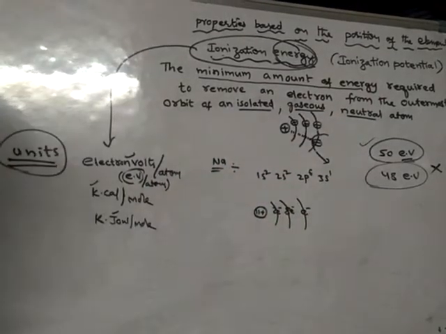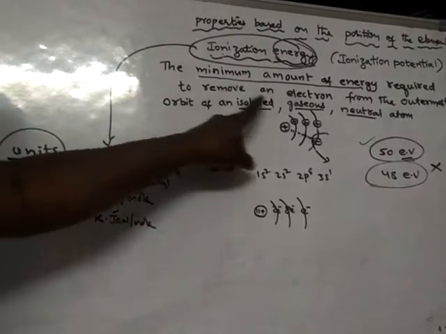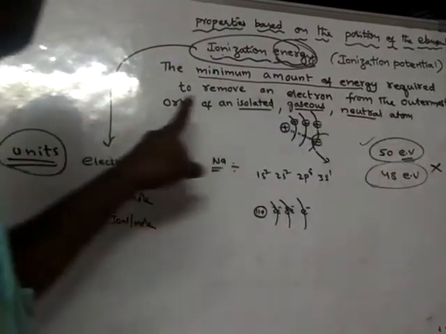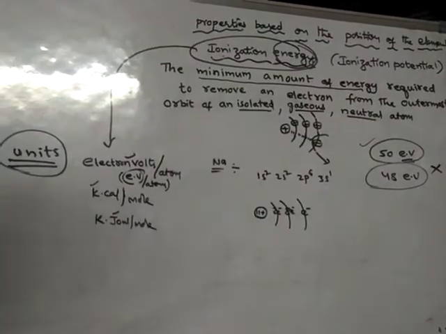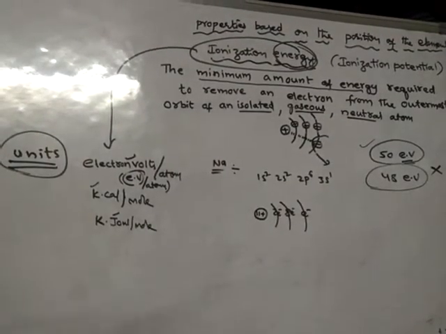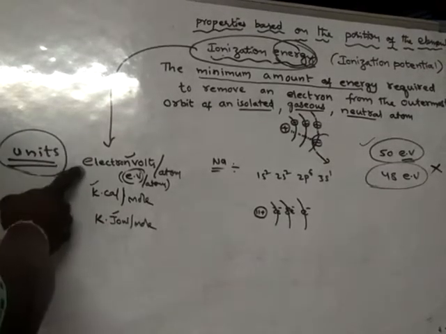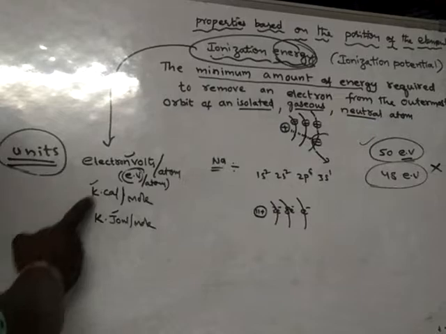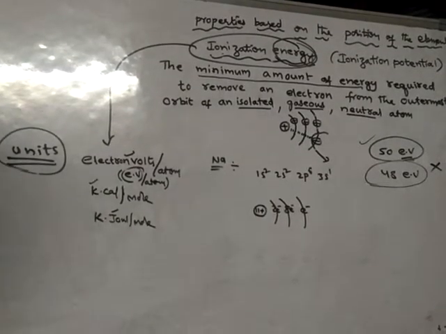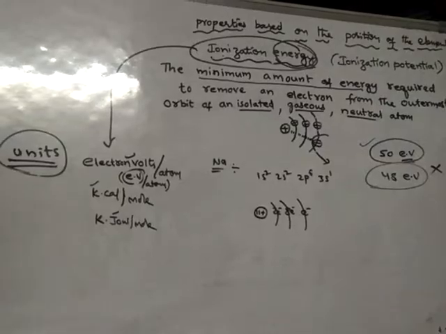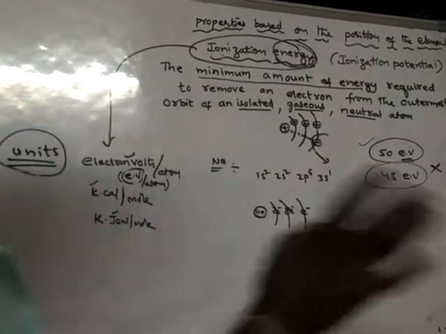The minimum amount of energy required to remove an electron from the outermost orbit of an isolated gaseous neutral atom. That is the definition of ionization energy. It has units electron volts per atom, or kilocalories per mole, or kilojoules per mole.